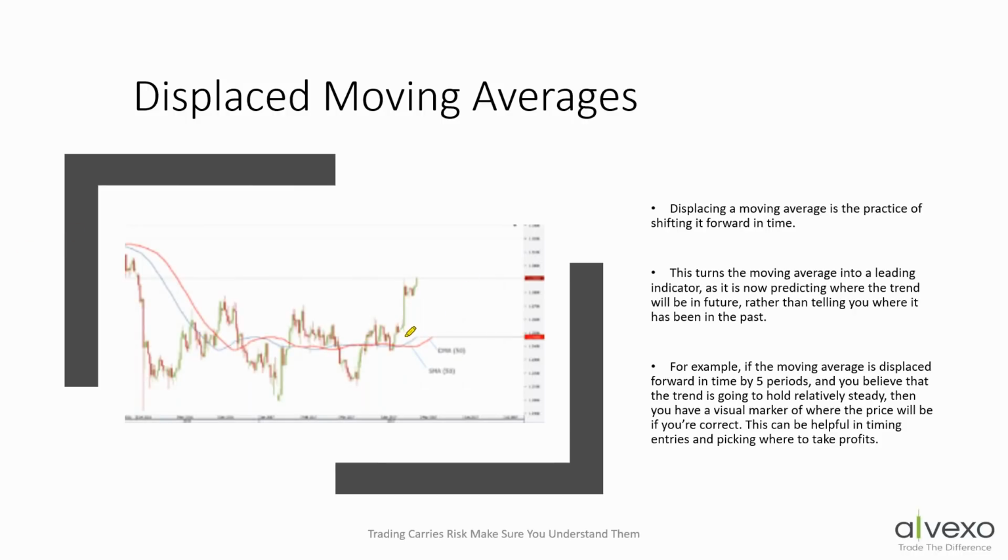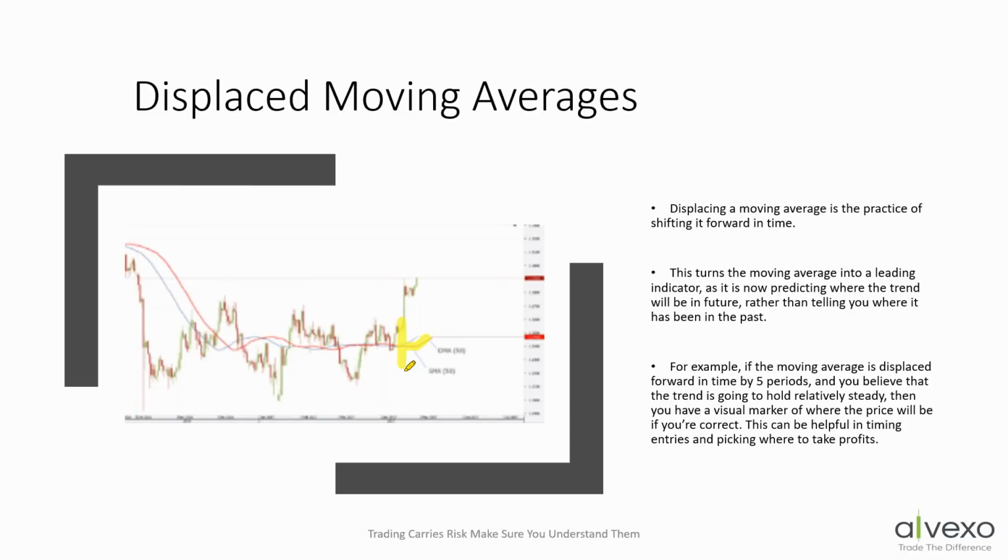If we were to take the calculation for the EMA for this price bar right here, we would normally put that calculation right below that bar. But if we were to take that calculation and push it forward 5 candlesticks, because those candlesticks haven't happened, and put it on our chart 5 segments forward, we start getting something interesting.